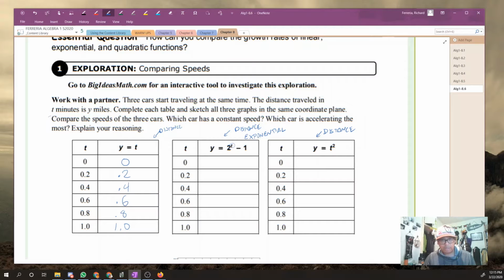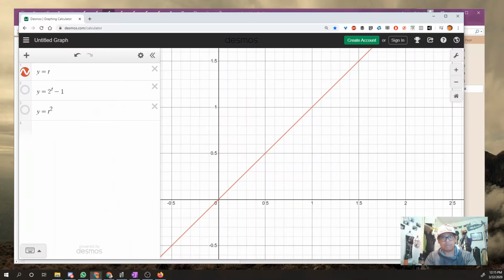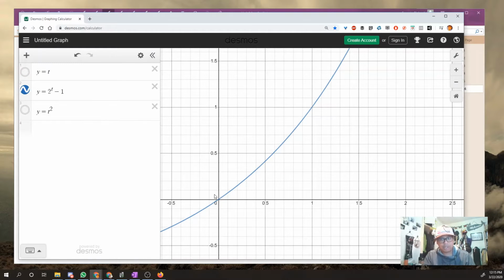We're going to take a look at our Desmos window real quick. Right now we have y equals t, and we're going to switch to y equals 2 to the t power minus 1. Notice how this time we have a gentle upward sloping trend.